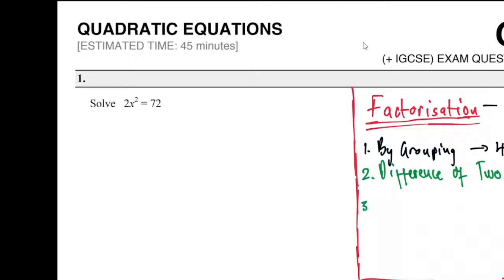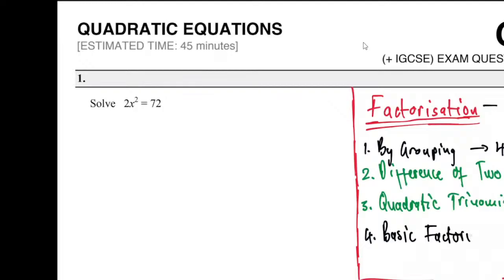Then the third method is factorization of quadratic trinomials. That's what we are looking at more today. And then the fourth one is basic factorization, which you use when all three methods above don't work.